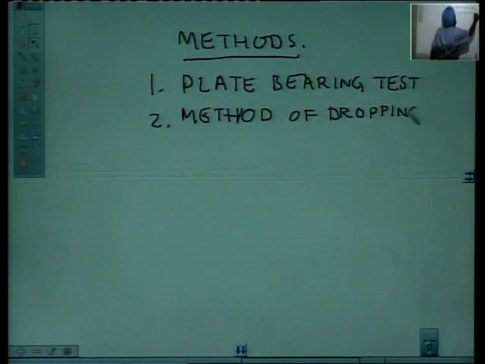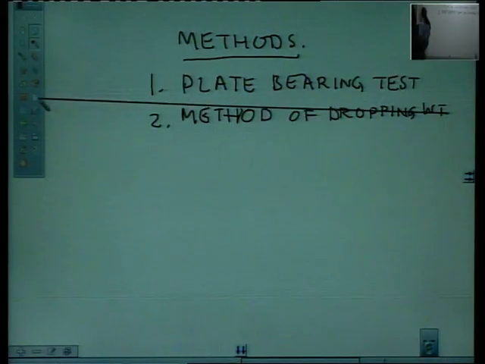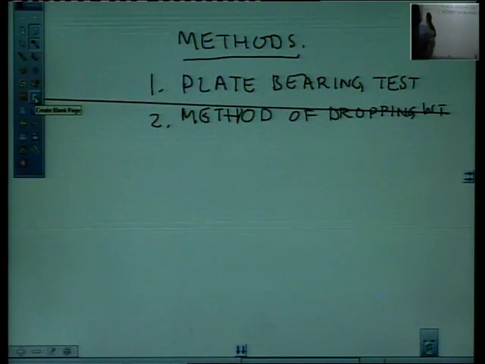I will pick up the first one, how this plate bearing test is carried out. So, we dug a pit for the plate load test, 5 times the side of a steel plate.